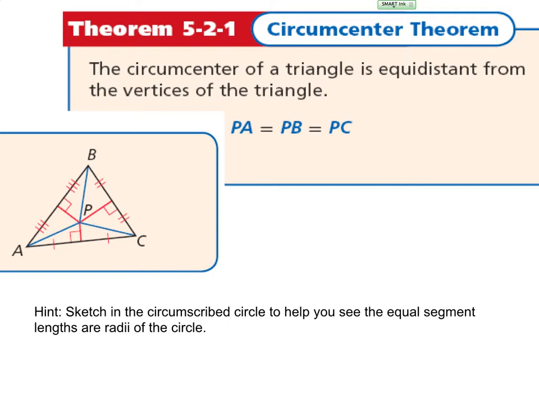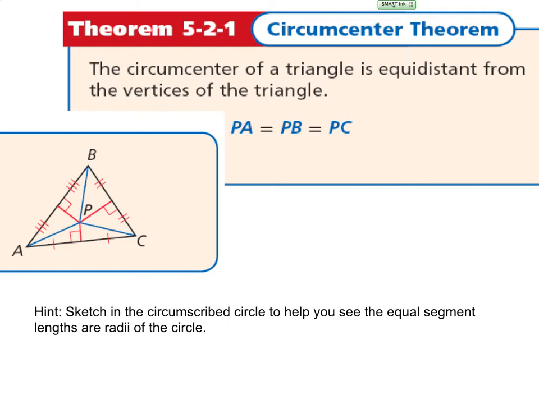What's the circumcenter made out of? It's the 3 perpendicular bisectors. Picture, I know I've marked all that, but it might help to write those words. 3 perpendicular bisectors make the circumcenter. It's equidistant from the vertices of the triangle.